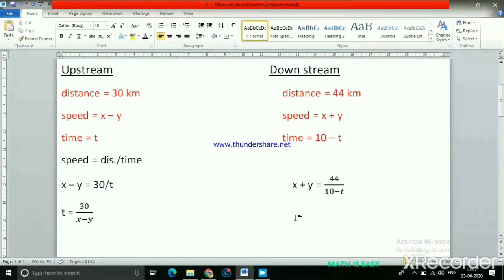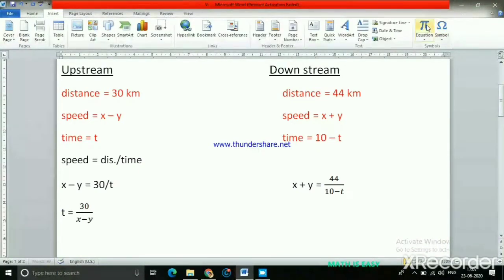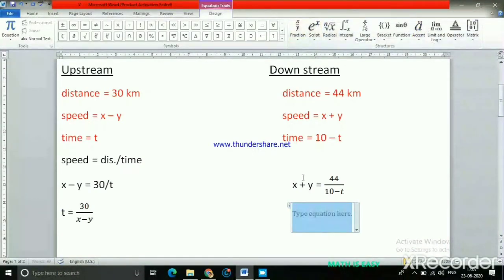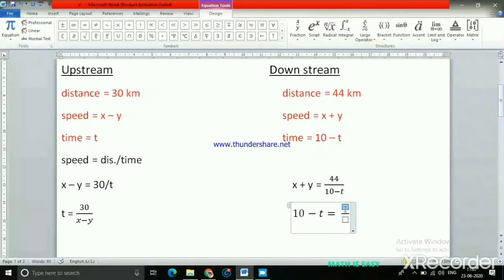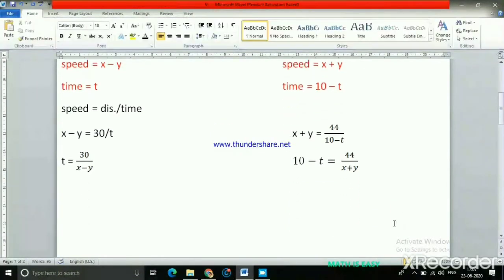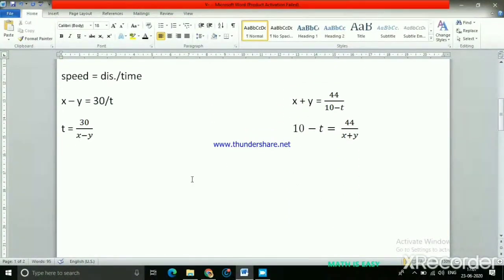Bringing 10 minus t to this side and x plus y to that side, you'll get 10 minus t equals 44 upon x plus y. So you have t equals 30 upon x minus y, and 10 minus t equals 44 upon x plus y.